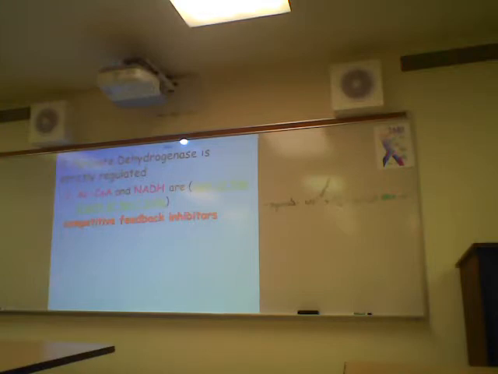So we have our two regulation components. So which one do you think is going to be most affected by these inhibitors? So what do you think? Where do you think coenzyme A is going to be the inhibiting?